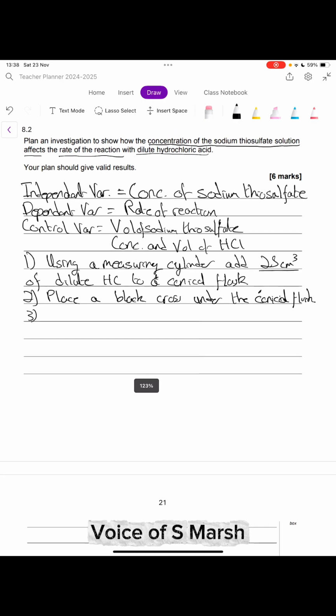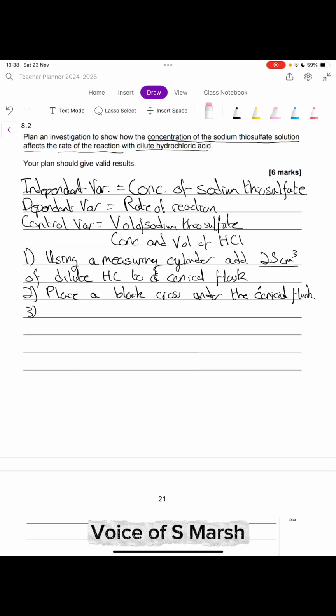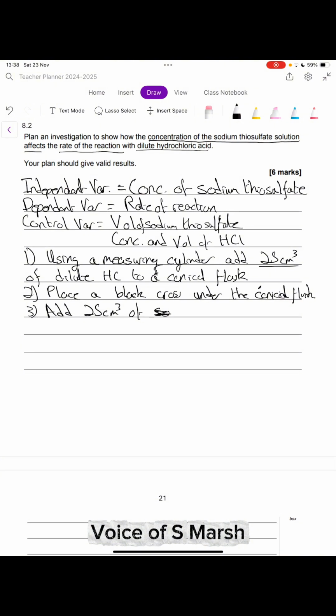So we place a black cross under the conical flask. And now, again using a measuring cylinder, we're going to add 25 centimeters cubed of, and we're going to pick a concentration here. Now, it doesn't really matter. I'm going to state that it's 1 molar. There are different ways of saying this. I'm just going to say add 25 centimeters cubed of 1 molar sodium thiosulphate, because I'm going to assume that we're using 1 molar hydrochloric acid.